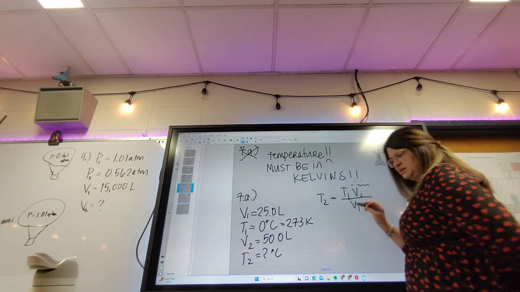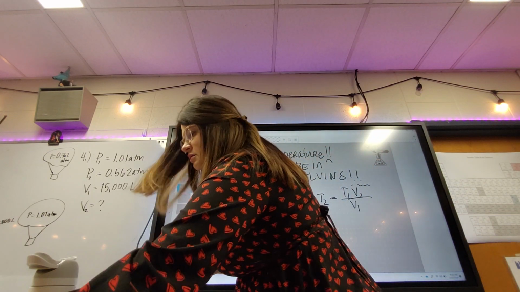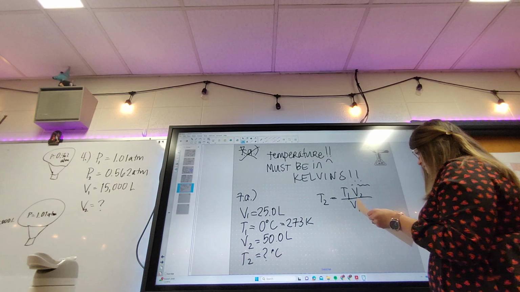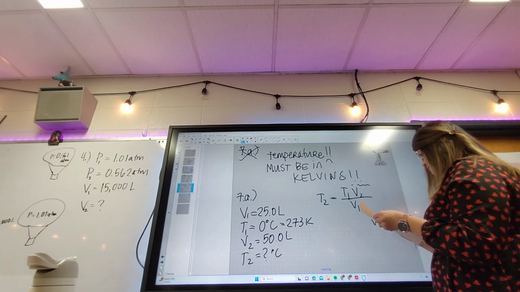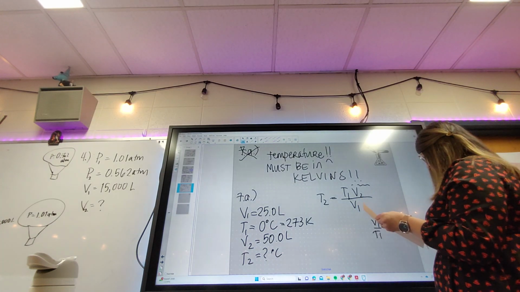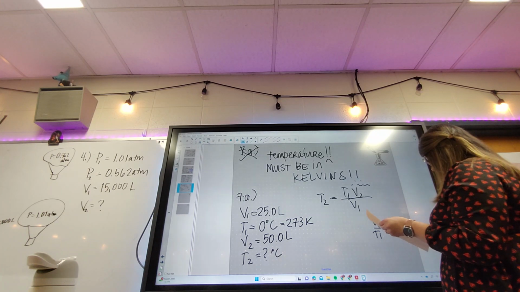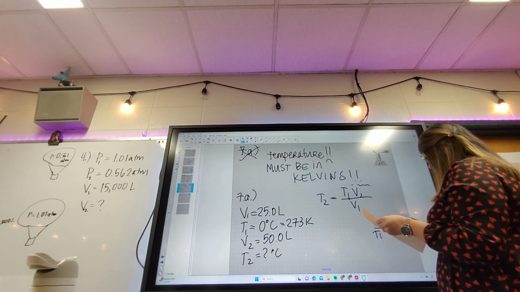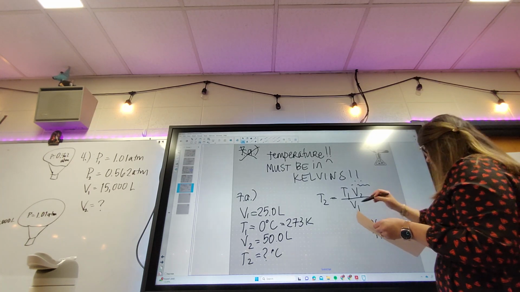Yep. It doesn't work for me to do this. I have to write the original formula out. T2 would be V2 over V1 times T1. Yeah, that's right.